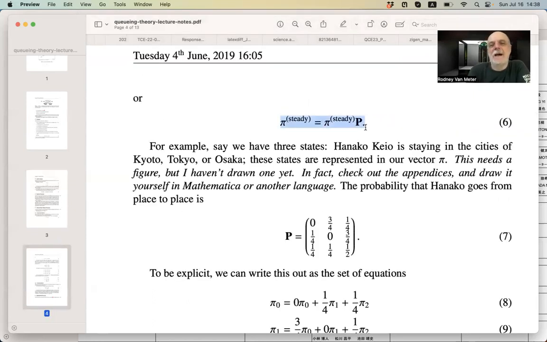And so pi steady state equals pi steady state times P. That's basically the definition of finding an eigenvector with eigenvalue 1, which are the kinds of things we've already done.